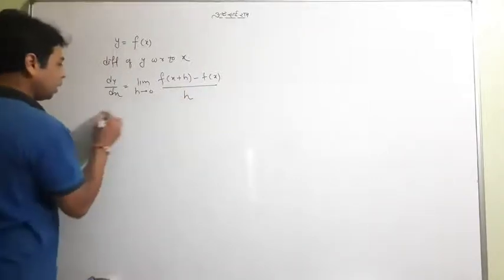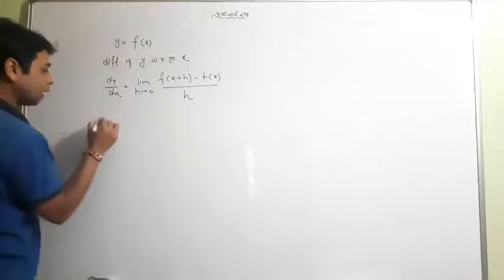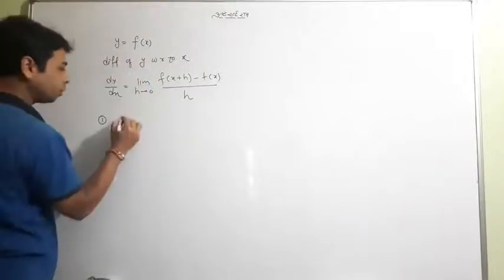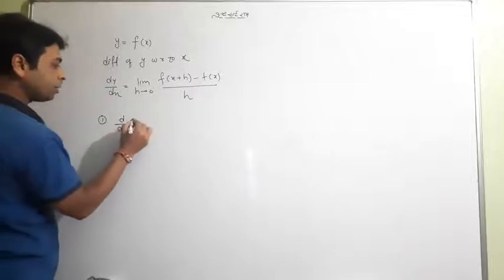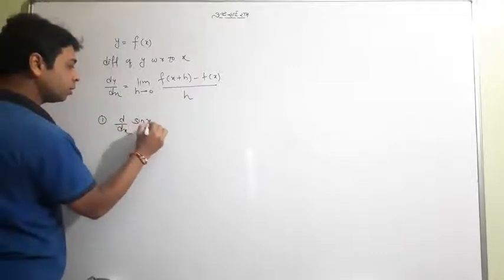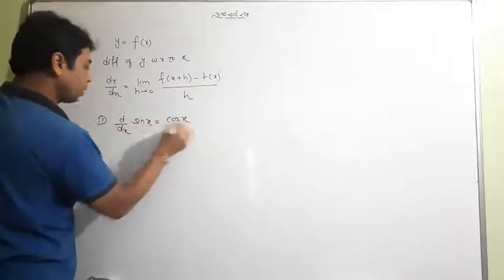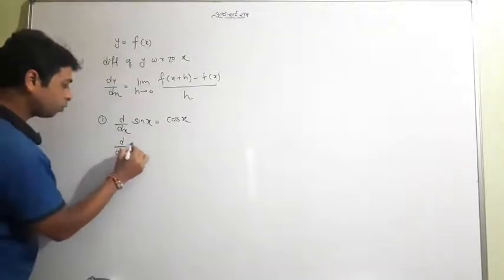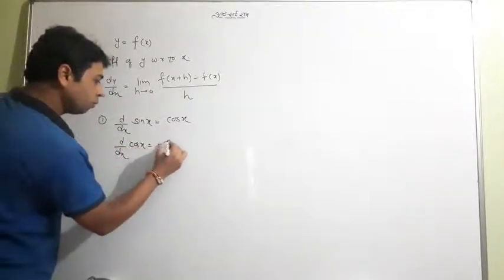After proving all the functions, like first we took sin x, we got d by dx of sin x is cos x, d by dx of cos x is minus sin x.